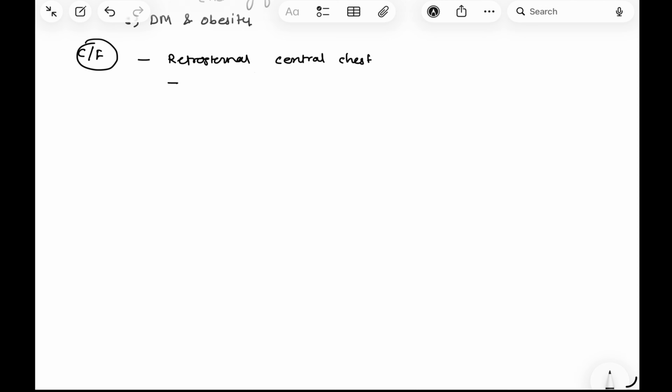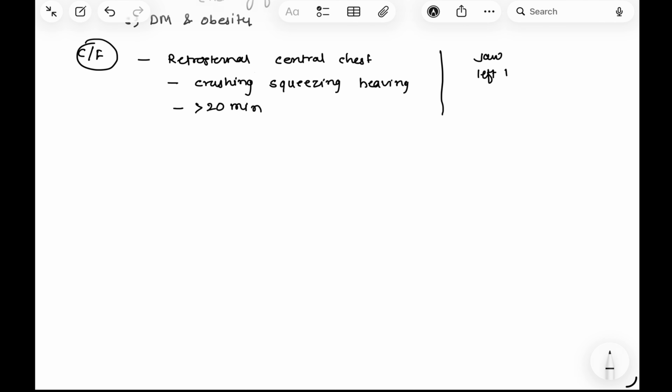The typical character of this pain is crushing, squeezing, or it can be heaviness. The duration is mostly more than 20 minutes. What about the radiation? You must know the radiation towards jaw, left limb, back, and epigastrium.